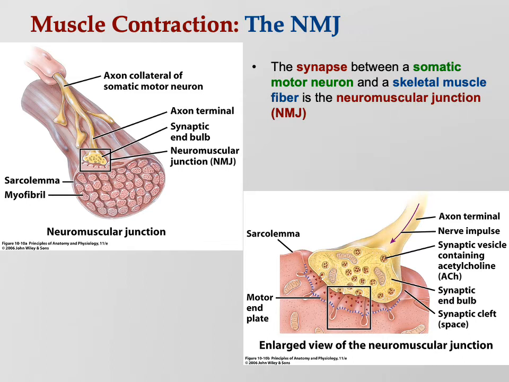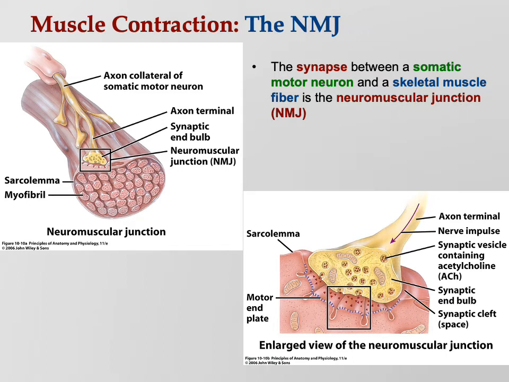The autonomic nervous system takes care of all the unconscious things going on, like digestion and breathing and heart beating. The somatic nervous system is for voluntary movements of skeletal muscles, for the most part. So a somatic motor neuron is the type of neuron that goes to a muscle to make that muscle move. And you can see here we have the axon, that's just part of the neuron.